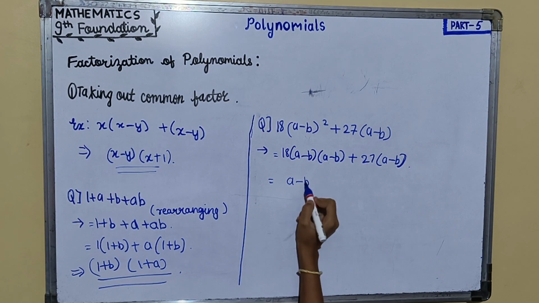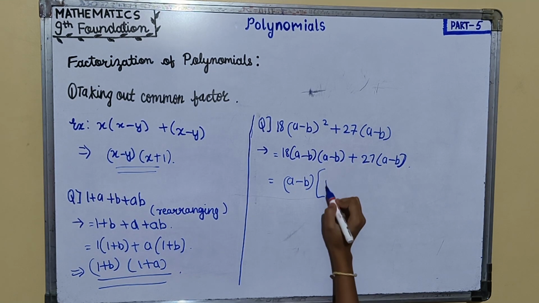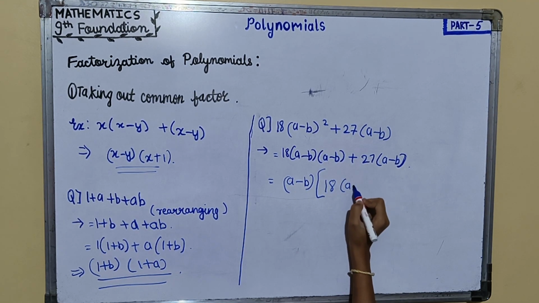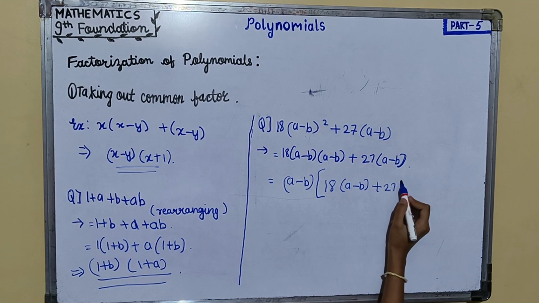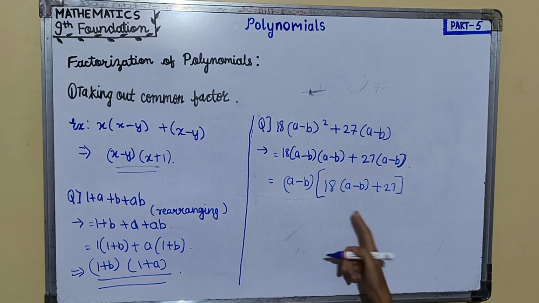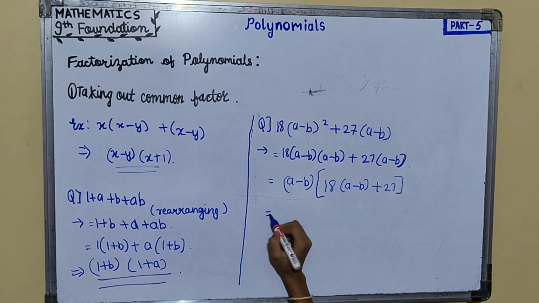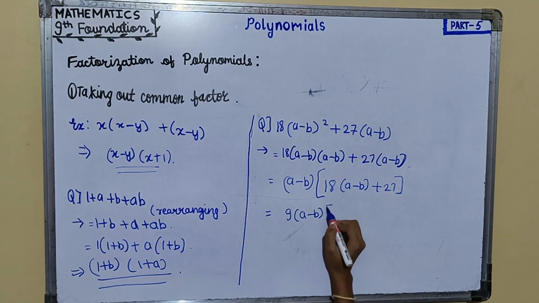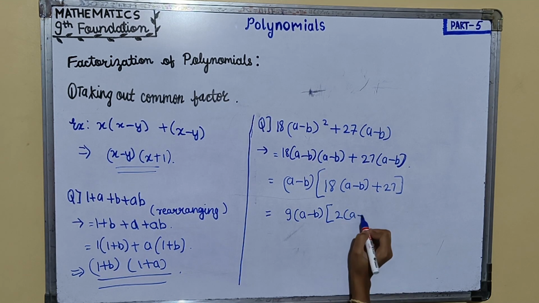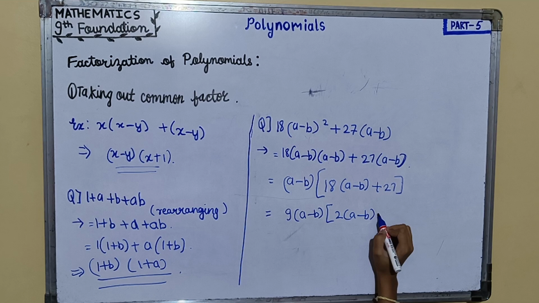So if we took a minus b common in bracket 18 bracket a minus b plus 27 will be remaining. Again we can take 9 common. So by taking 9 common, we'll get 2 in bracket a minus b plus 3.